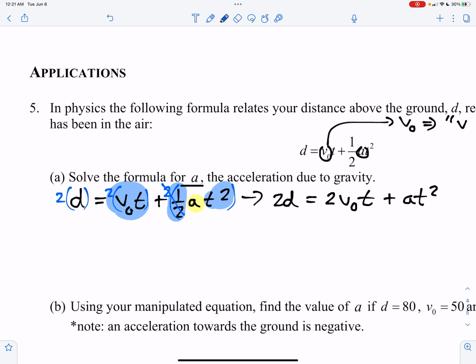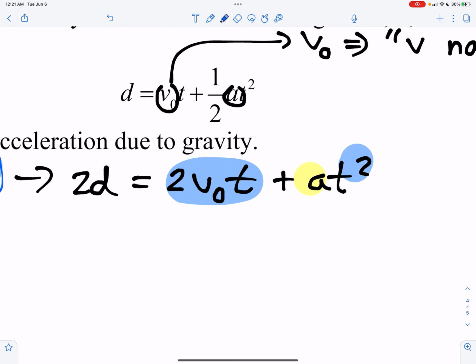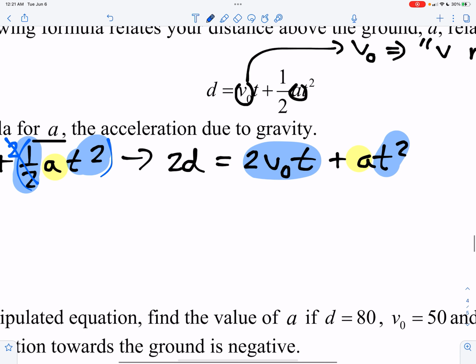So again, still solving for A. I have to get rid of the V naught T and the T squared. So how do I get rid of the V naught T? Well, I can subtract it from both sides because it's being added. The opposite of adding is to subtract.